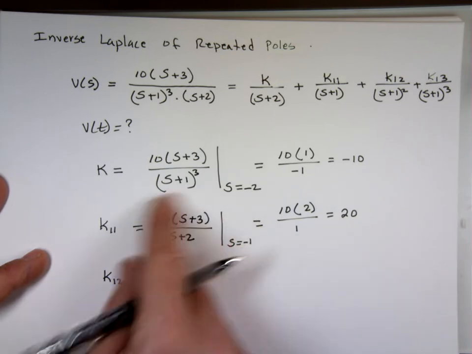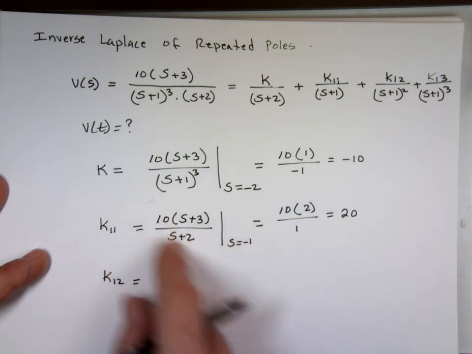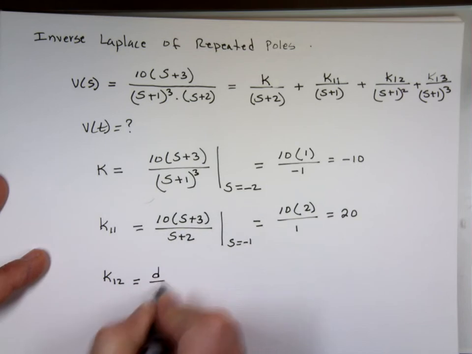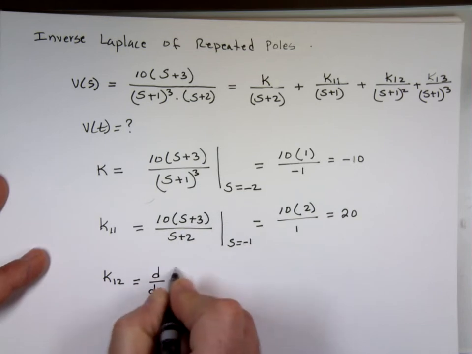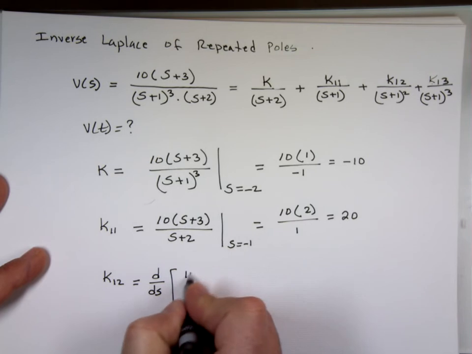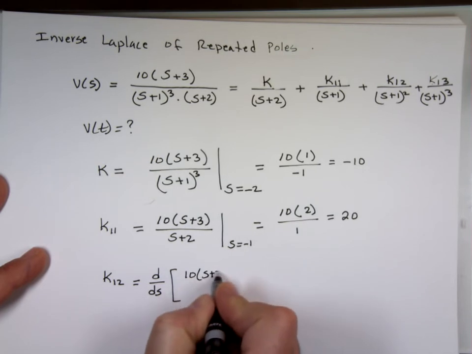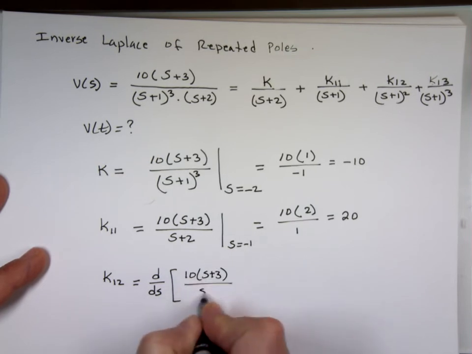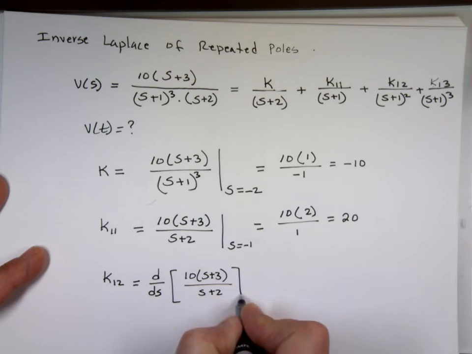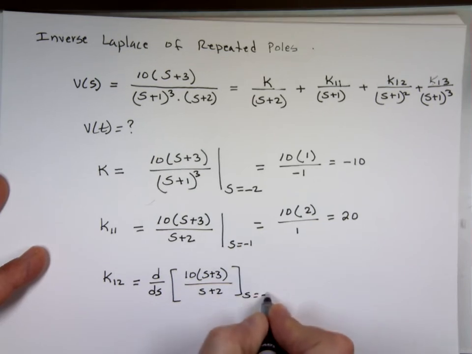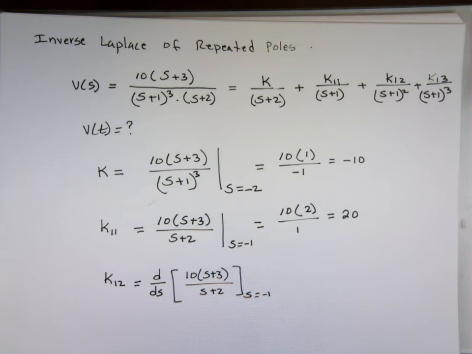It's going to be the derivative of this when s equals negative 1. So you've got to take the derivative of that.